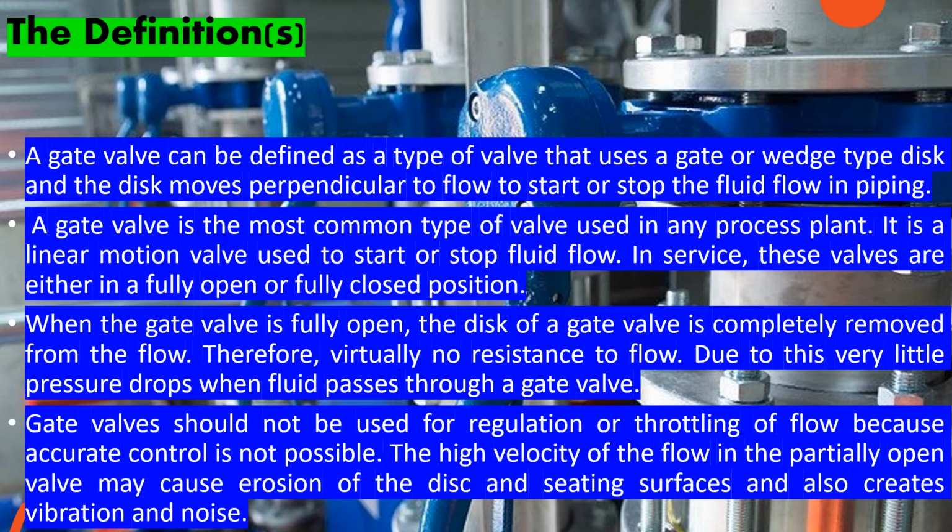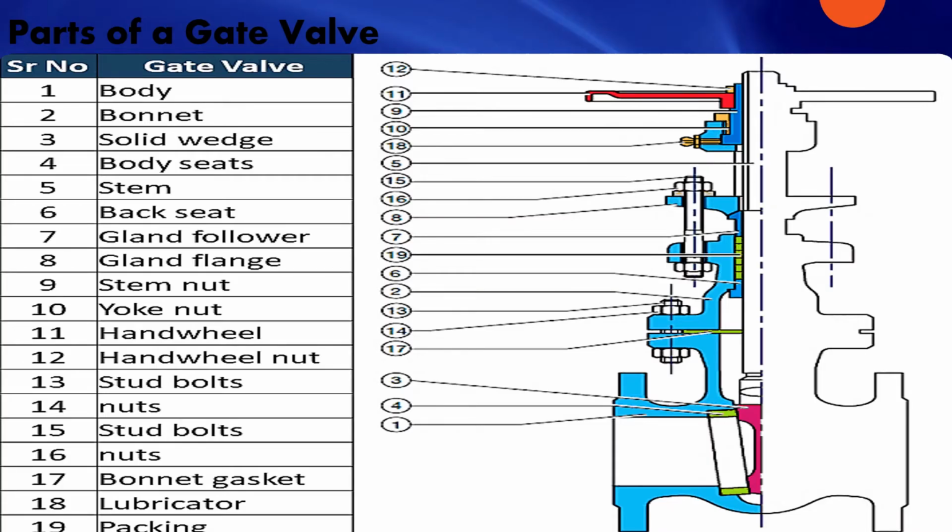When a gate valve is partially open or closed, the high velocity of the fluid flow causes erosion in the disc, and the sealing surface also gets eroded. And when we open or close the gate valve, there is a possibility of high noise and vibration in the valve.